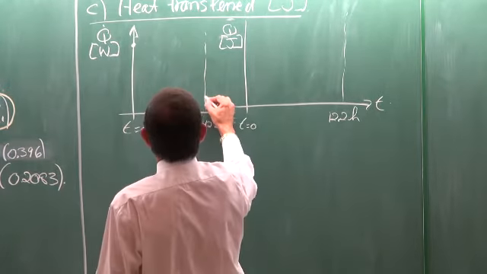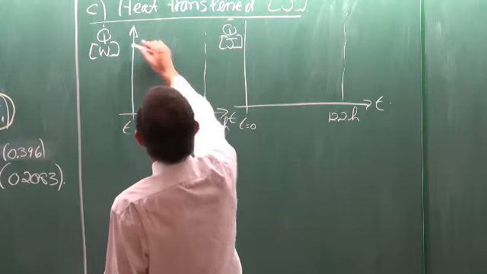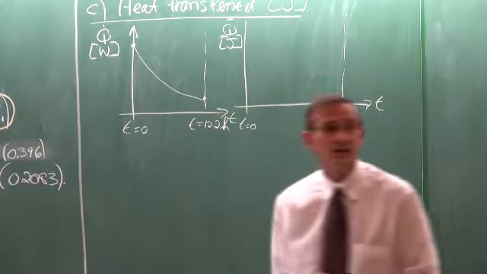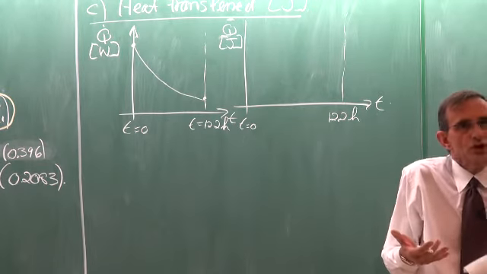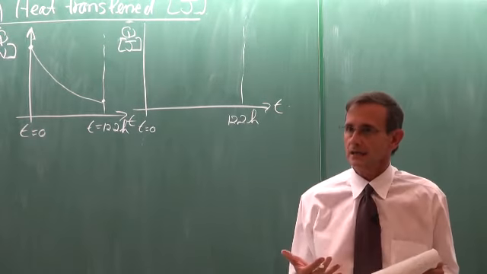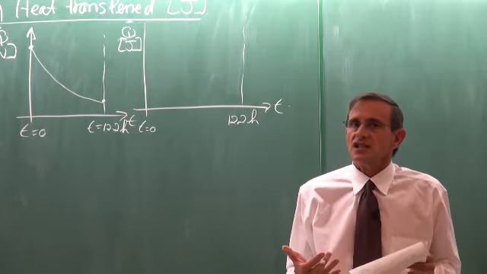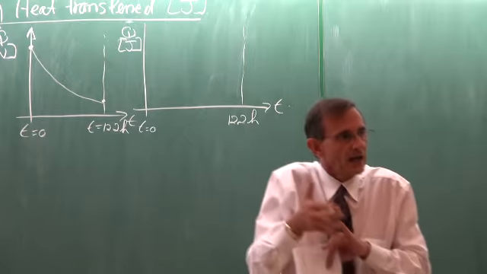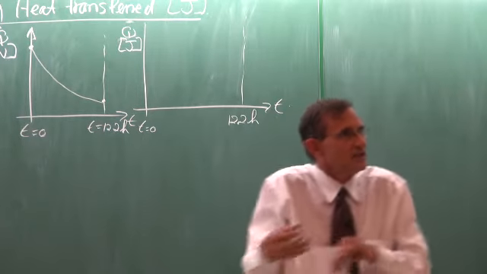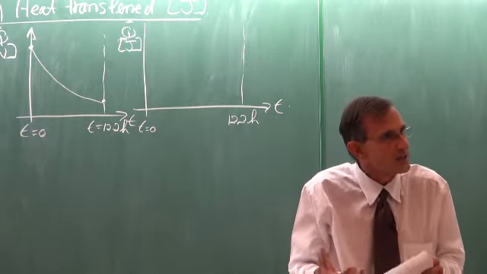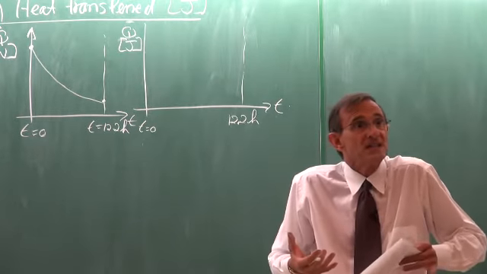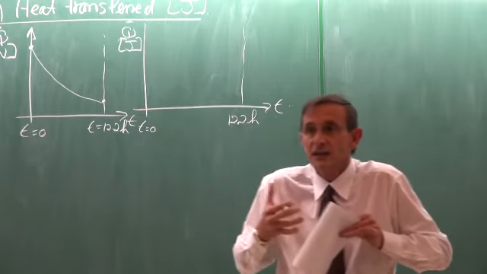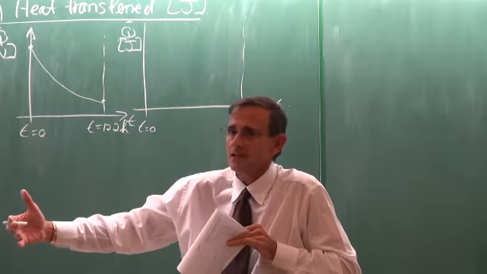With this problem, typically the heat transfer rate is going to do that. Why? Because the temperature of the body is decreasing. So the rate at which it can transfer the heat is just getting lower and lower as the body temperature decreases. When the body was at 37 degrees Celsius, the heat transfer rate was at its maximum.